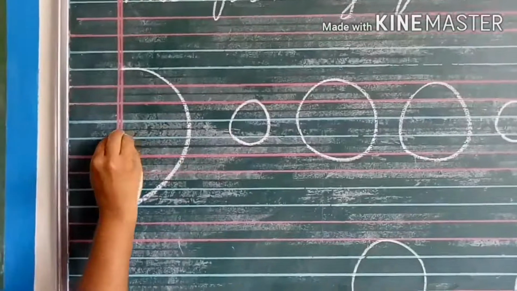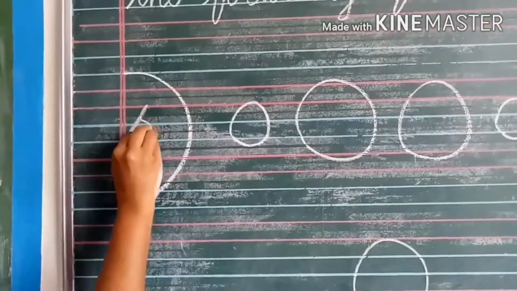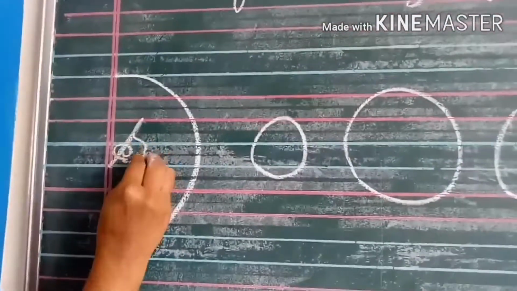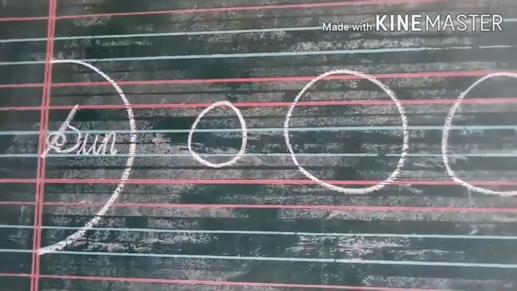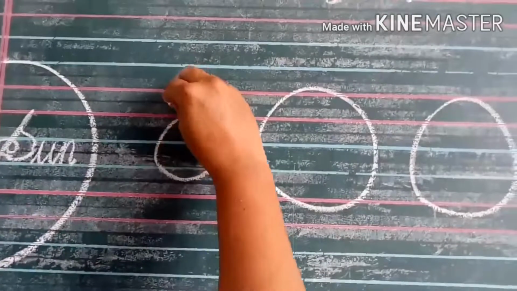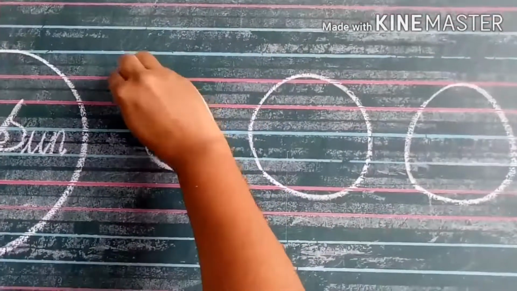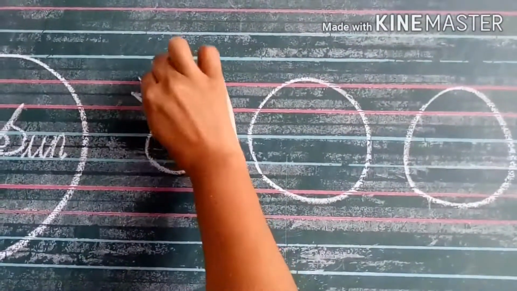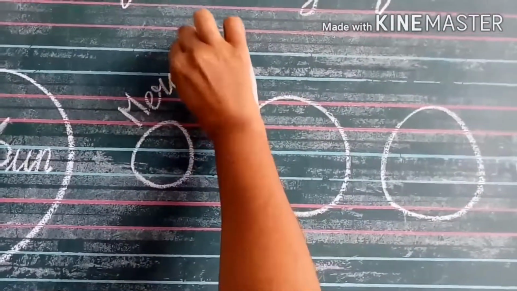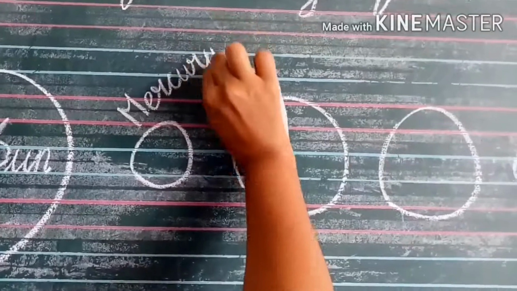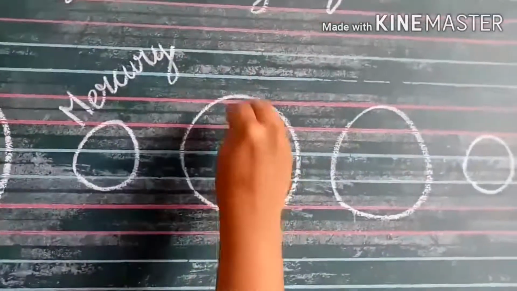Now let's label them. What is that semicircle? That is the sun. S in capital, U N, sun. And what is the second one? Now write Mercury.